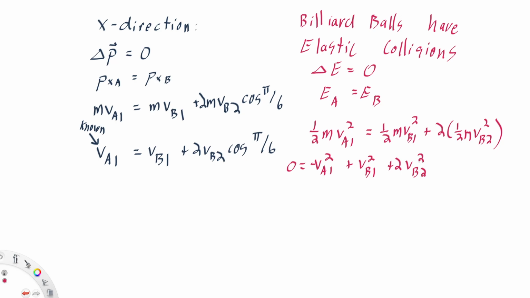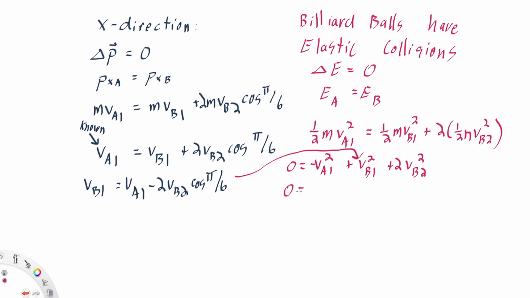How do we finish this up? We can solve for VB1 using the momentum observations. So VB1 equals VA1 minus 2 VB2 cosine pi over 6. And then that can get plugged in over here.